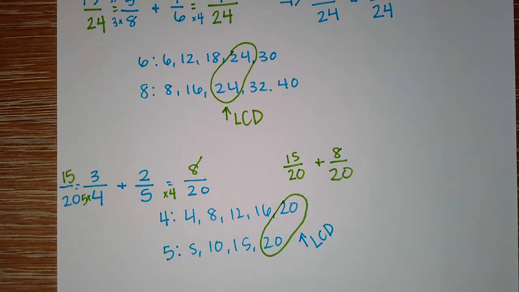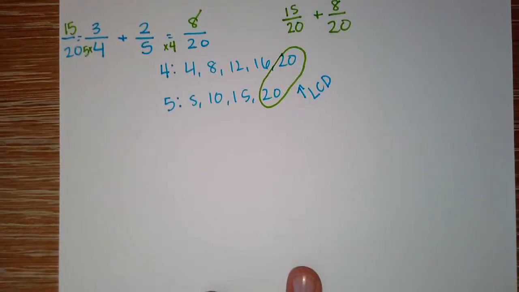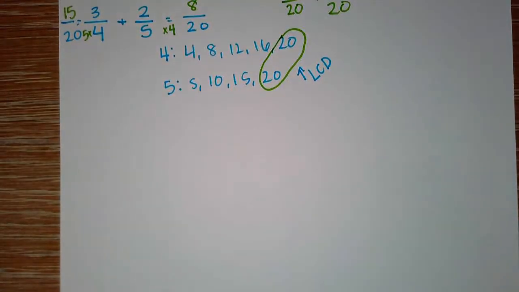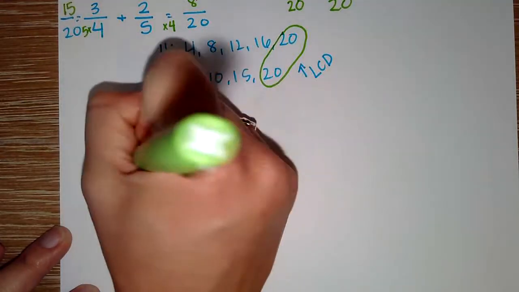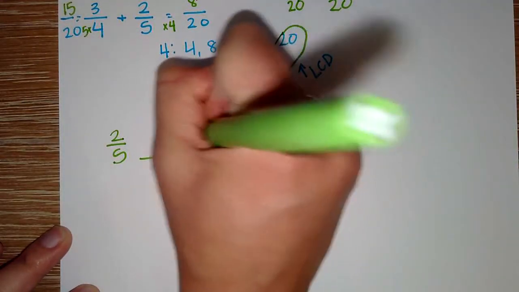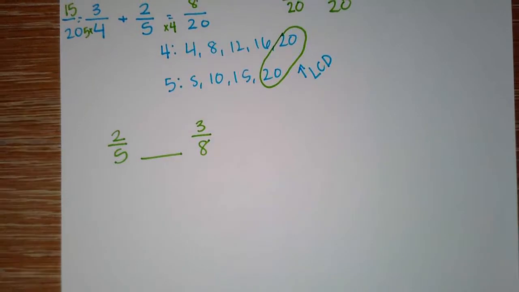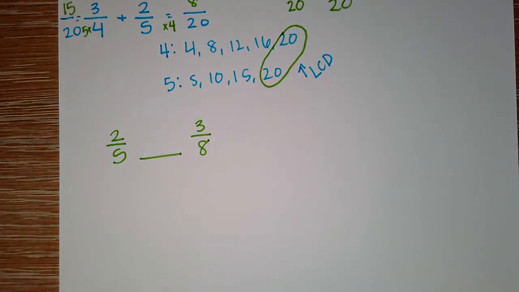Now, how do we use that? Well, the biggest way that we use that is adding, subtracting, or to compare. Let's try comparing. If I have 2/5 and 3/8, and I want to know which fraction is greater, which fraction is larger.